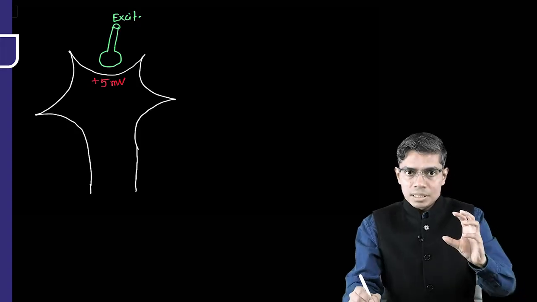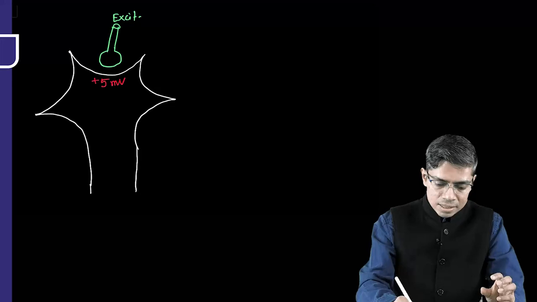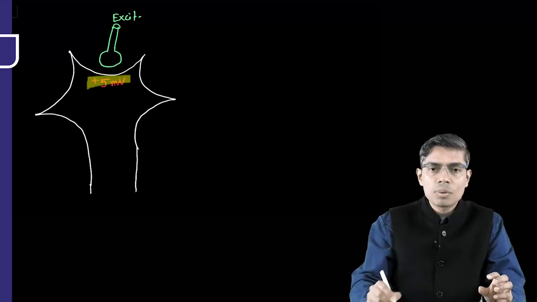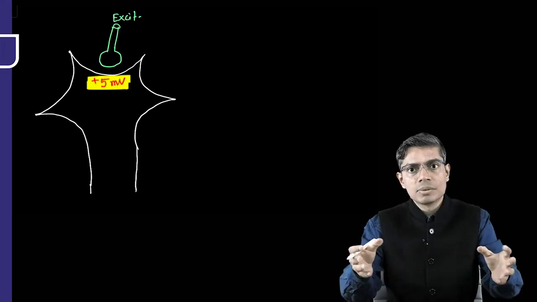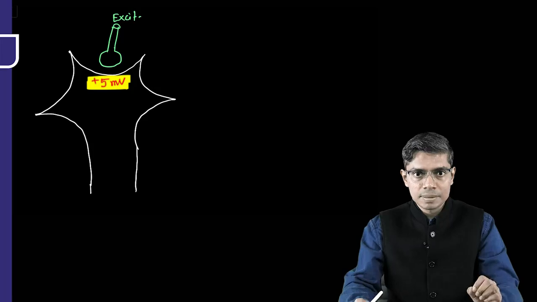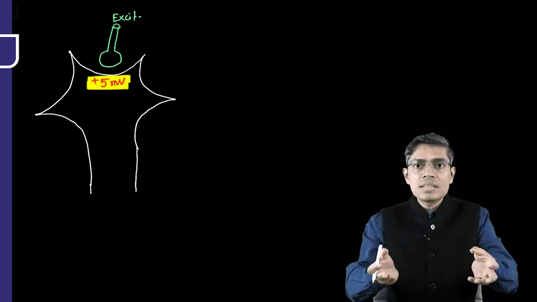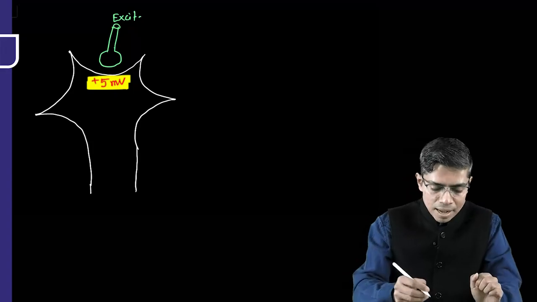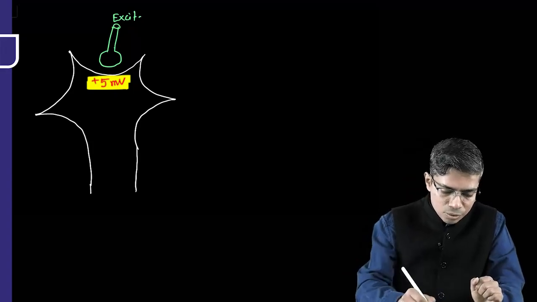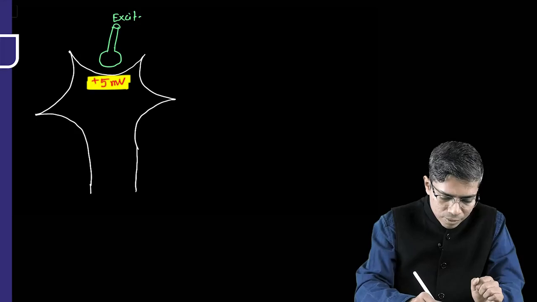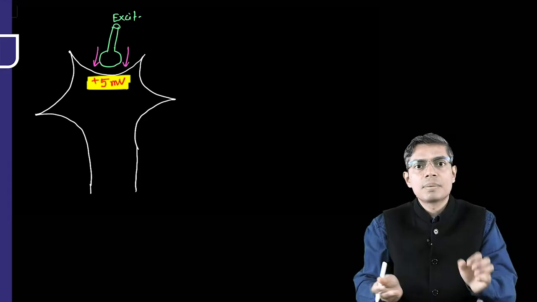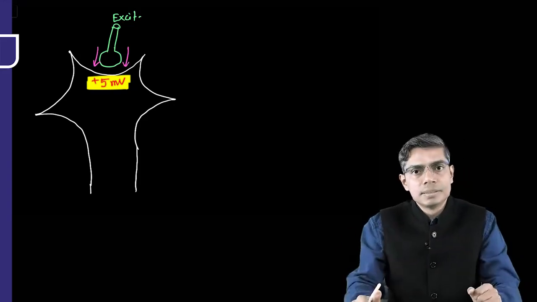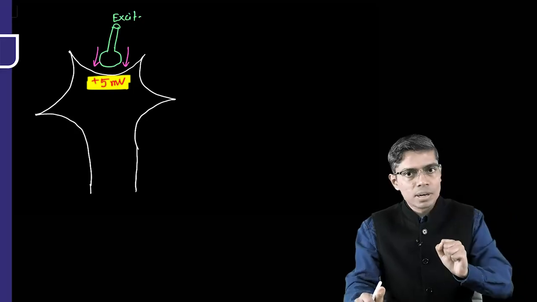So we just understood that this plus 5 millivolt local voltage will decrease over time or with a little distance. But before the decrease of this 5 millivolt, I give a second stimulation. The first stimulation generated plus 5 millivolt. Now I am giving a second stimulation before the decrease of the first local voltage.